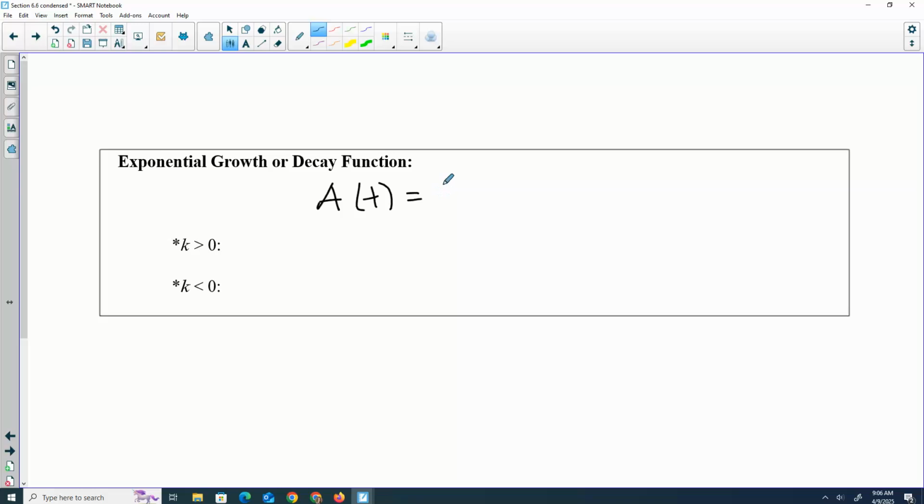So A of t equals a sub 0 e to the negative kt. A sub 0 is representing the beginning amount.